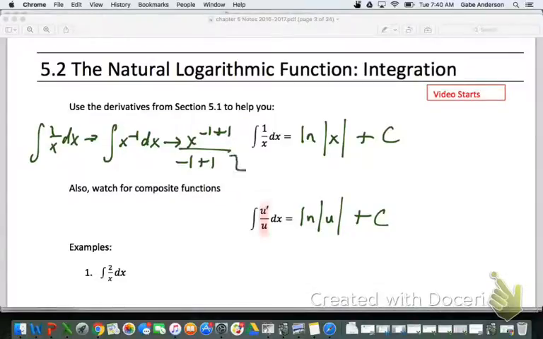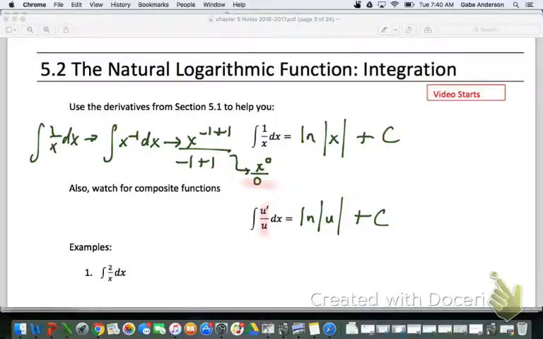That would give us x to the 0 over 0. Of course we have an issue there: we can't divide by 0, and we might say, maybe the antiderivative doesn't exist. If you're ever in a situation like that, it probably means you should have considered natural log. Just keep that in mind.